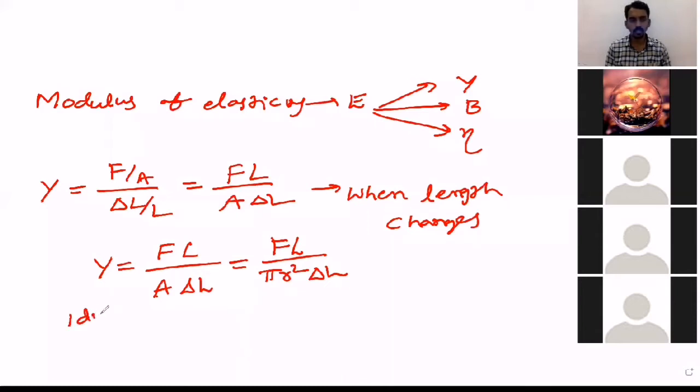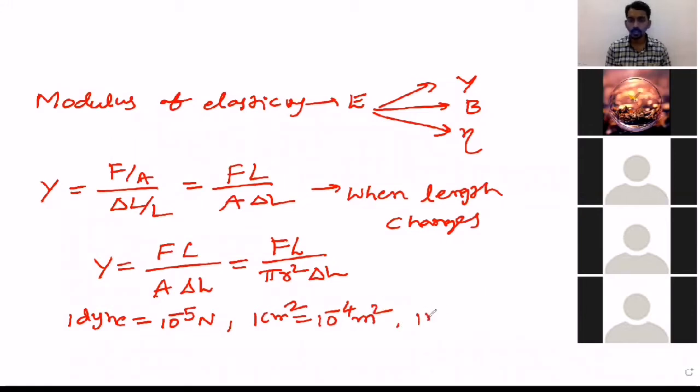If they give Newton, no problem. But if they give force in terms of dyne, dyne is a CGS unit. So in the SI system it will become 10 power minus 5 Newton. Area, if they give meter square, no problem. If they give centimeter square, then you need to check properly. 1 centimeter square equals 10 power minus 4 meter square.